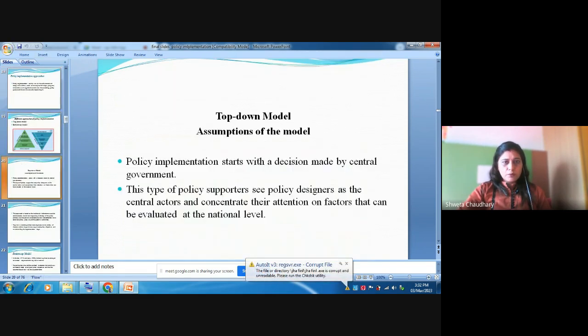It is the top-down model. Policy implementation starts with a decision made by the central government. This type of policy supporter sees policy designers as the central actor and concentrates their attention on the factors that can be evaluated at national level. It means these policies are made at national level and then imposed on the lower people.